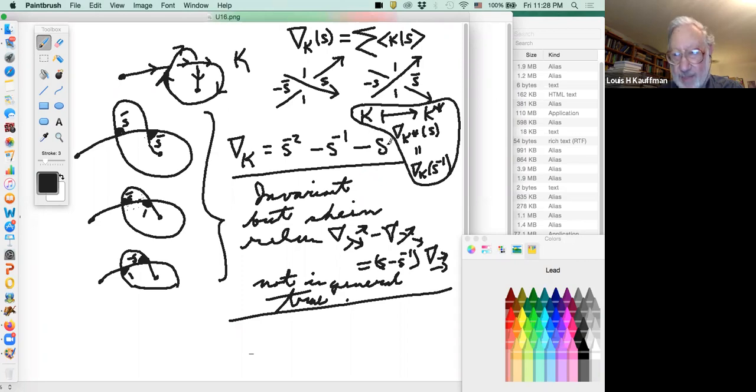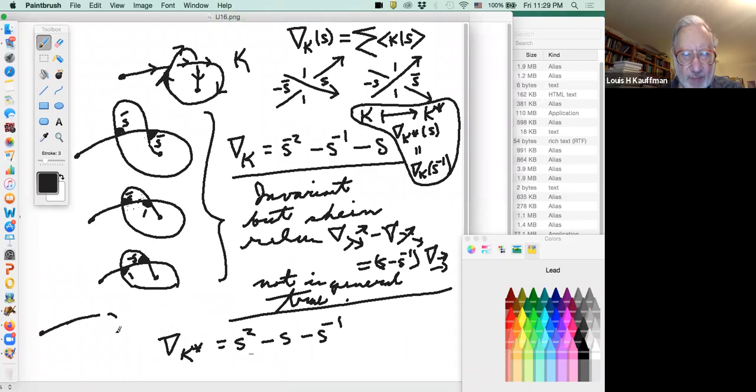Well, we just did. You see, delta K star for this knot is equal to S squared minus S inverse. This part remained the same, but this part flipped. And so we have actually just proved, which we could prove by other means, of course, that these two are inequivalent knotoids.